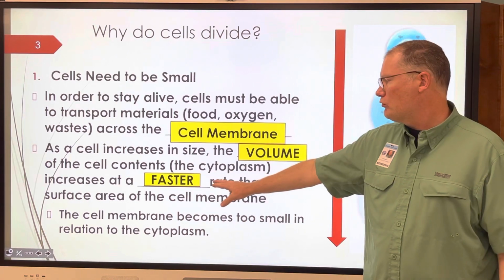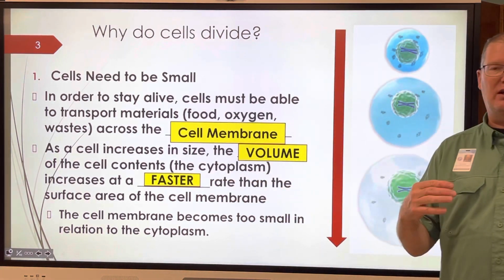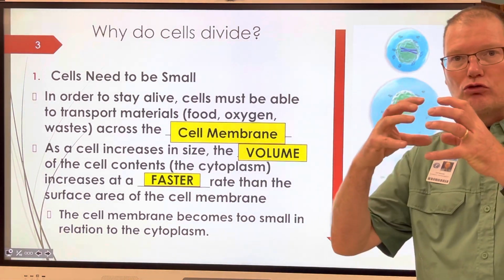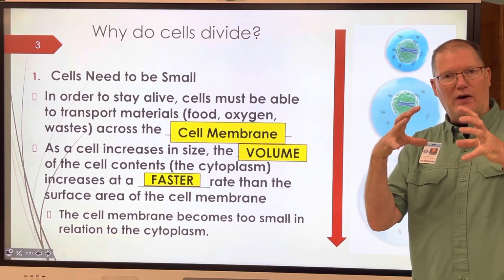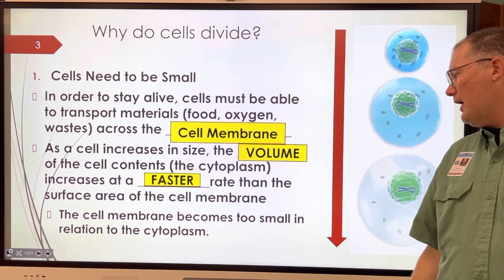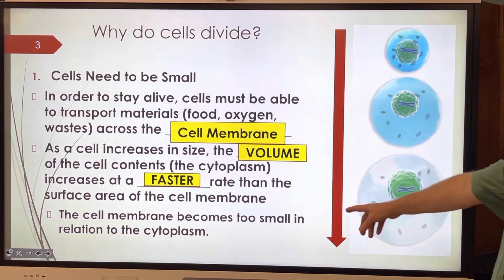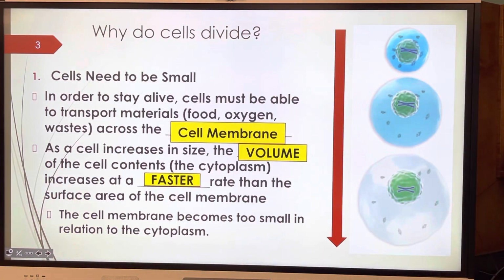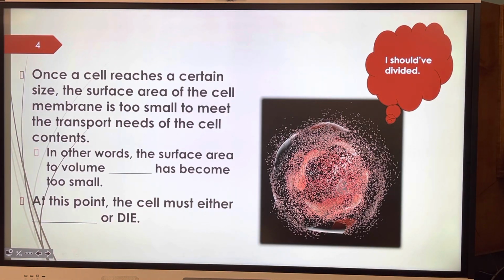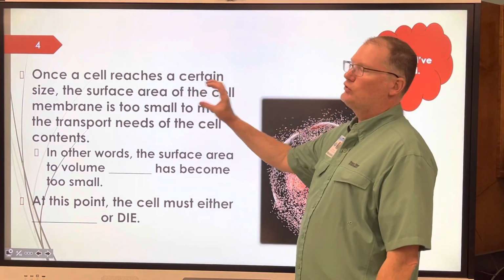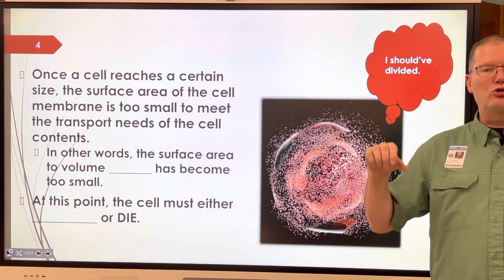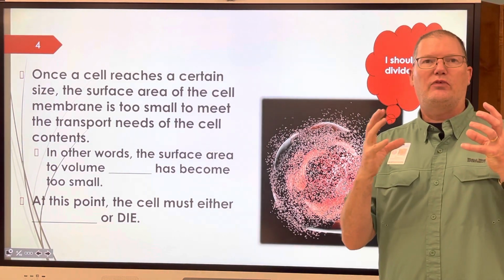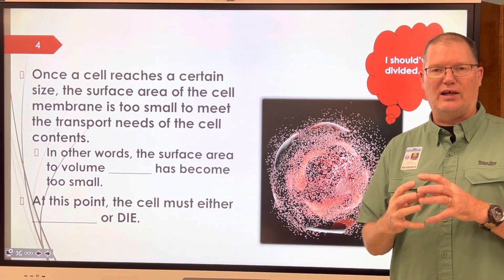So it's growing at a faster rate than the surface area can hold. Like a balloon growing at a faster rate than the volume inside can contain, okay? So the cell membrane becomes too small to hold in all that stuff. Once a cell reaches a certain size, it won't transport things well across the membrane, for example.